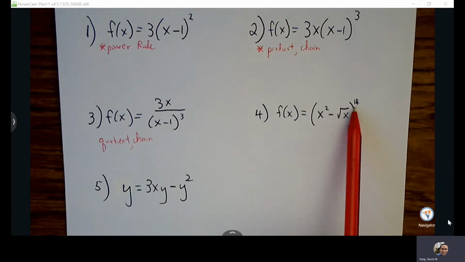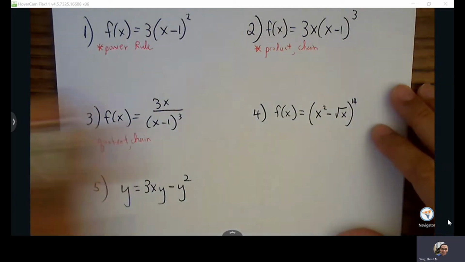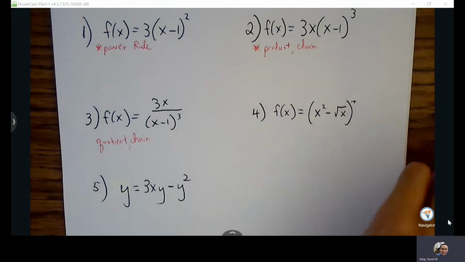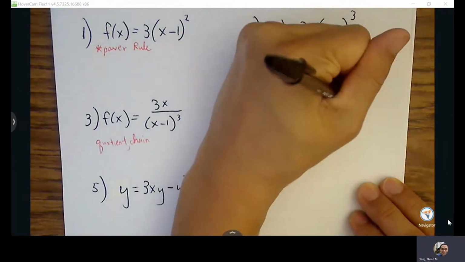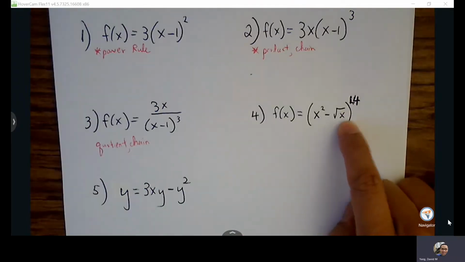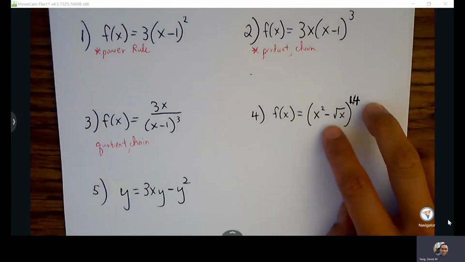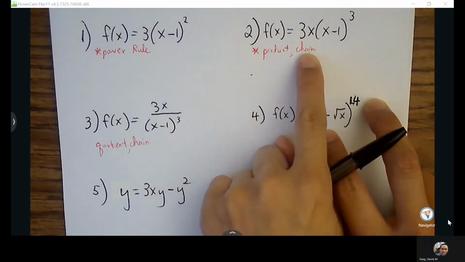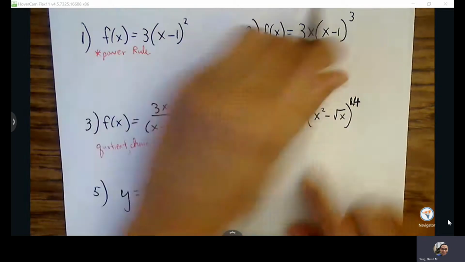This is raised to the 14th power. What do you guys think? What can we use on this? Is this something that we want to expand out, raised to the 14th power? So we want to leave it in this form. So there's an outside-inside portion. We've got to use what? Chain rule. Yeah.